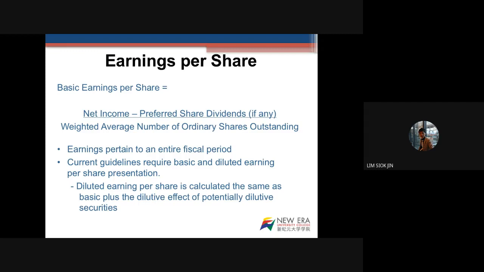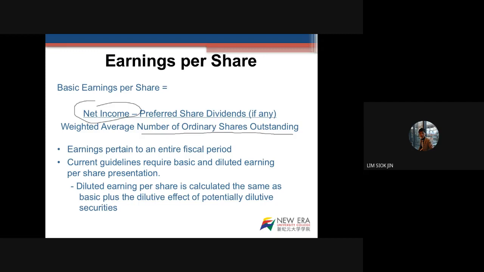Let me draw. Net income, less whatever is left for preferred share dividend only if there is, divided by the weighted average number of ordinary shares. The word weighted average, I will show you why. But weighted average means the average number of shares.